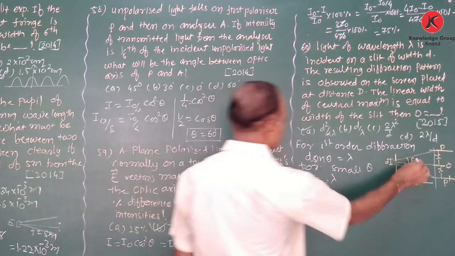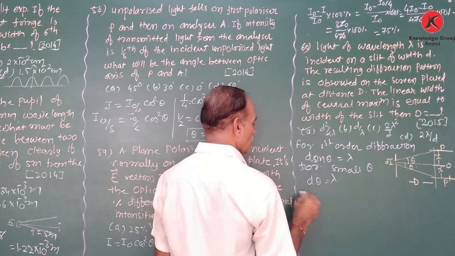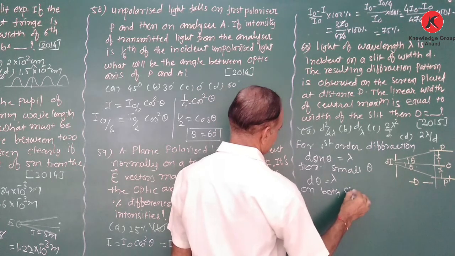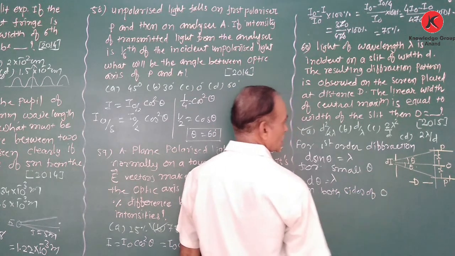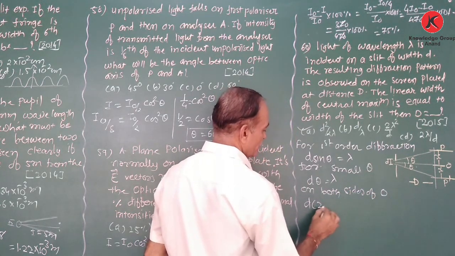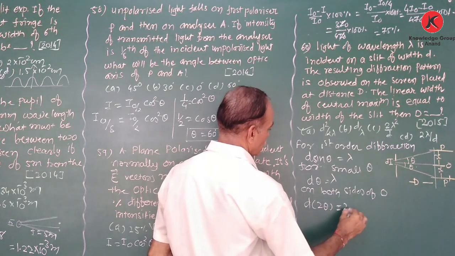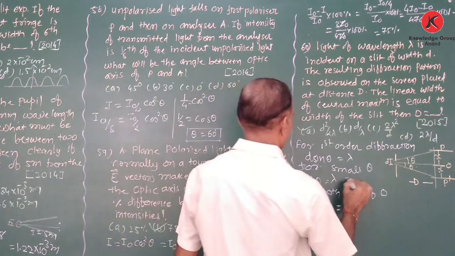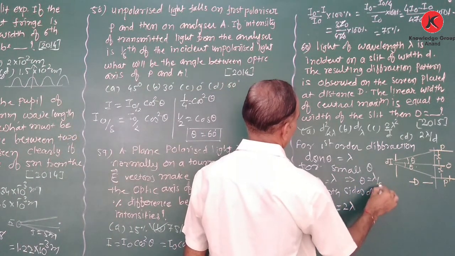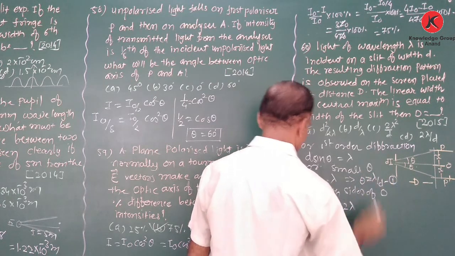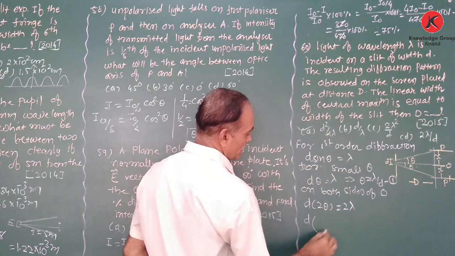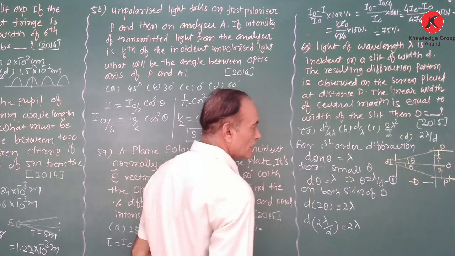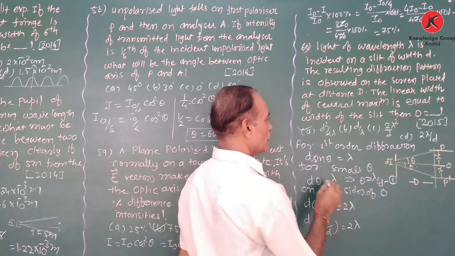Now, total linear width, that means on both sides of O, therefore d into 2 theta is equal to 2 lambda. From equation 1, theta is equal to lambda upon d. Therefore 2 lambda upon d is equal to 2 lambda upon capital D.